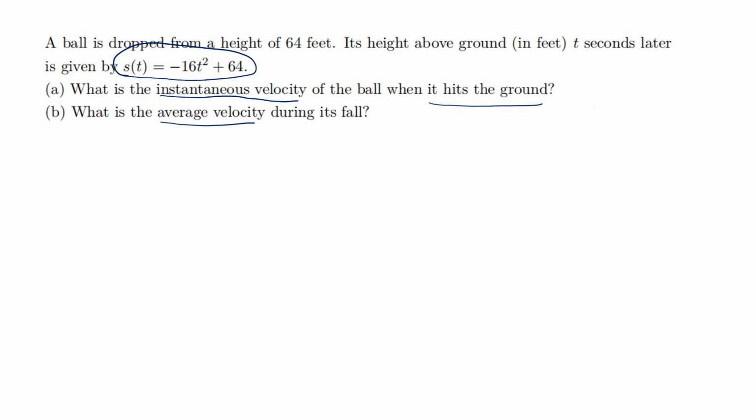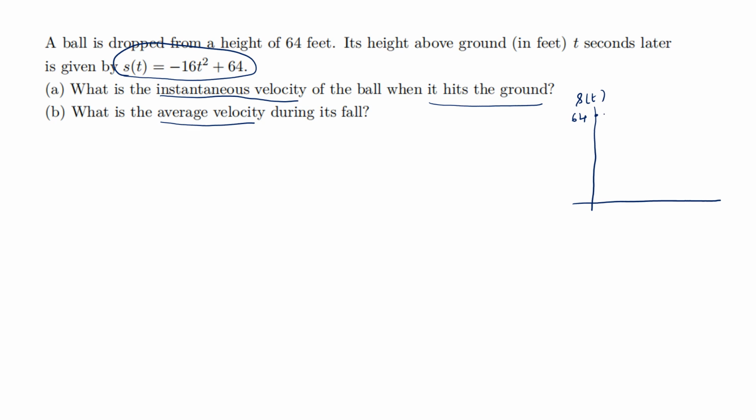Suppose this is our height, the building or anything, and height is denoted by s of t. And this is our ground. So at the height, we are having 64 feet.